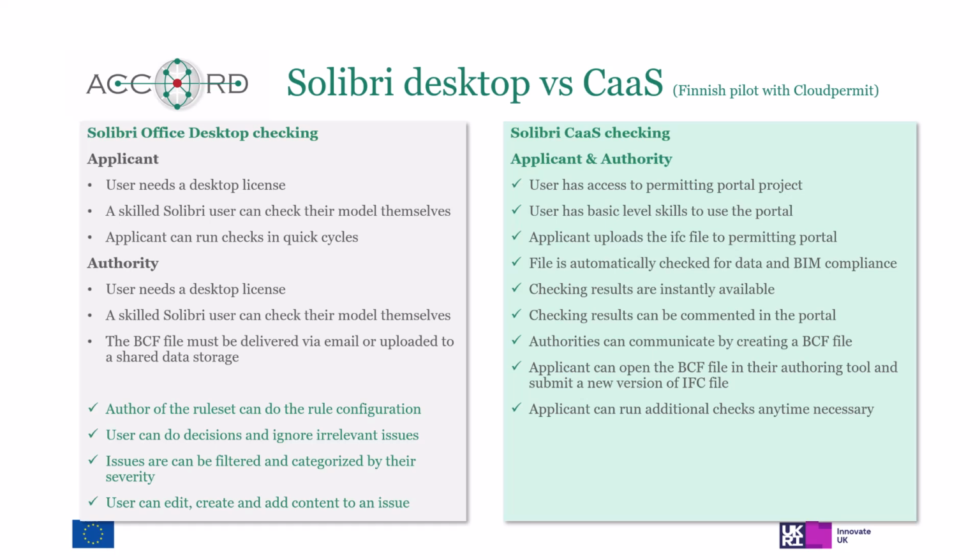They need more skilled users to handle the checking than in the CAS option, and the applicant can run checks in quick cycles. The authority needs a desktop license as well, and they need the skills to handle the model, and BCF must be delivered via email or uploaded to shared data storage.